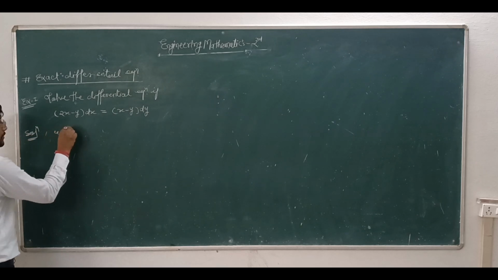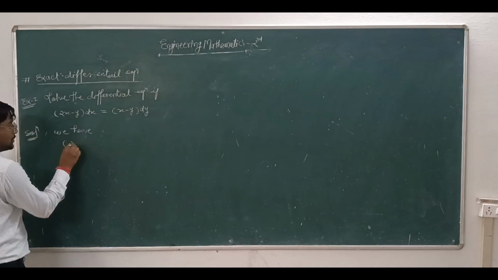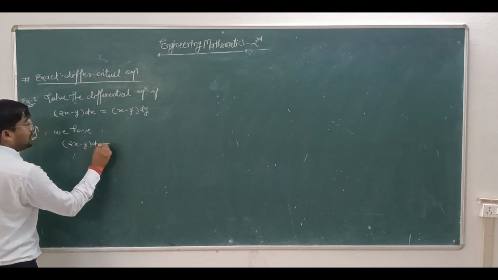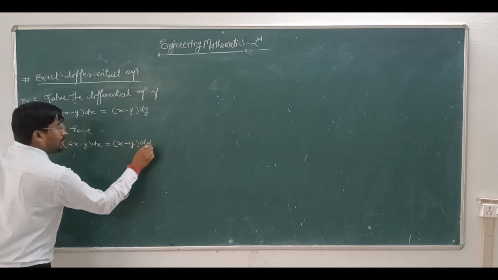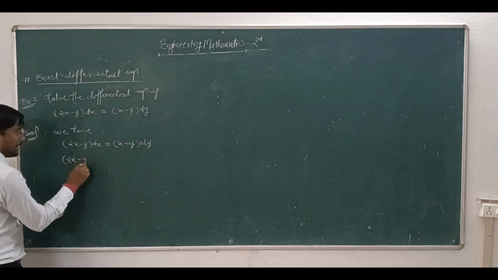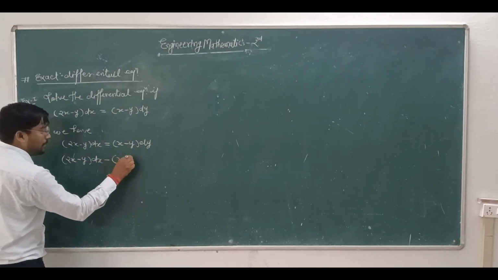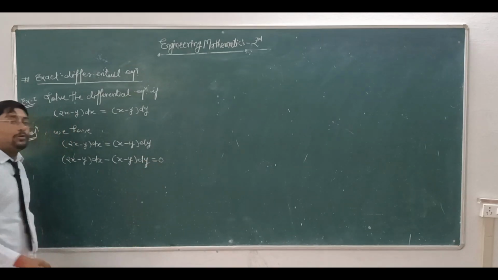Now the solution of this problem. We have (2x minus y) dx is equal to (x minus y) dy. You can write (2x minus y) dx minus (x minus y) dy is equal to 0.